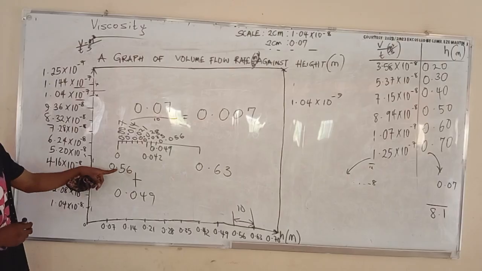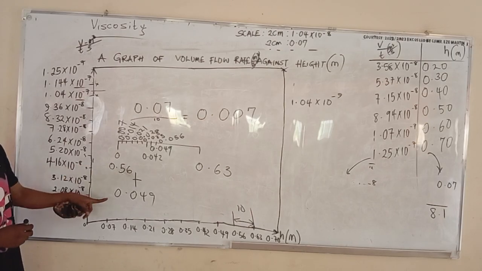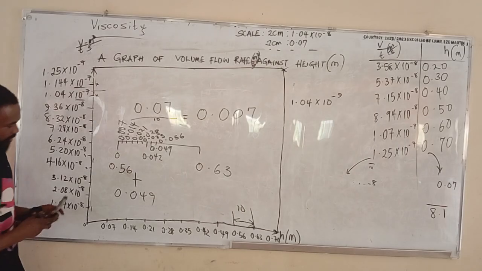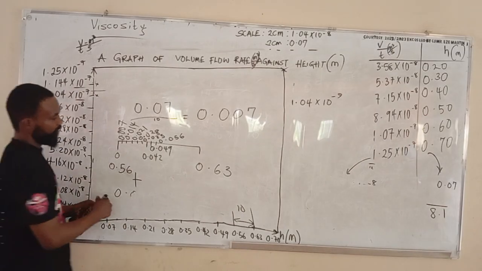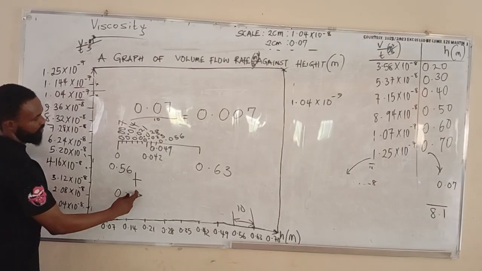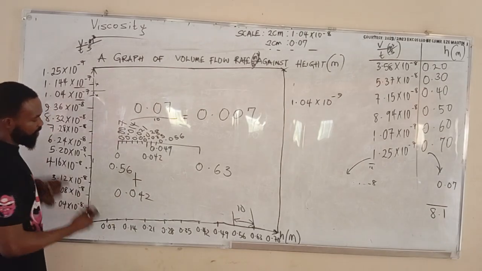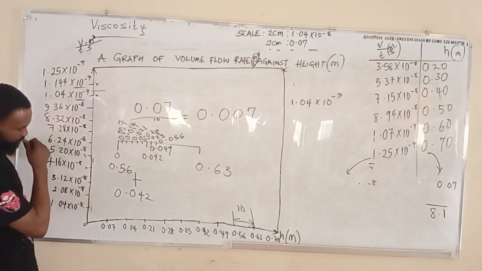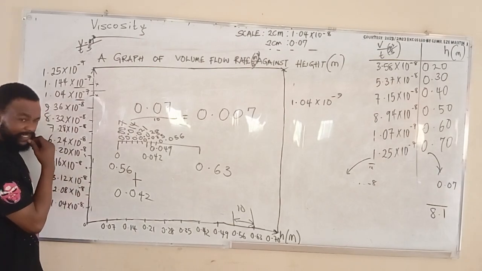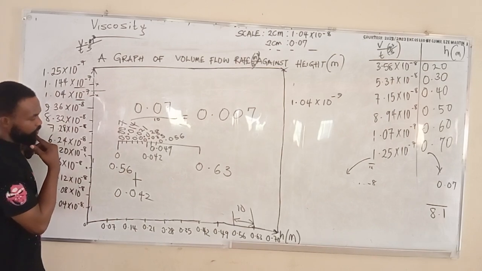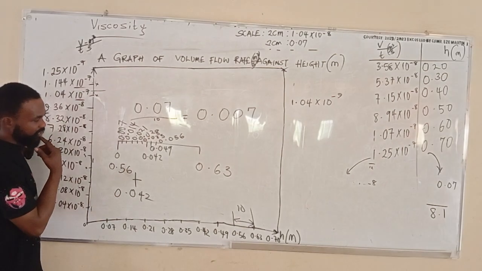This is 0.56 plus 0.049 plus 0.60. Okay. Do for me plus 0.0042. What do you have? 0.602. It falls within that range. So that means approximately 0.60.